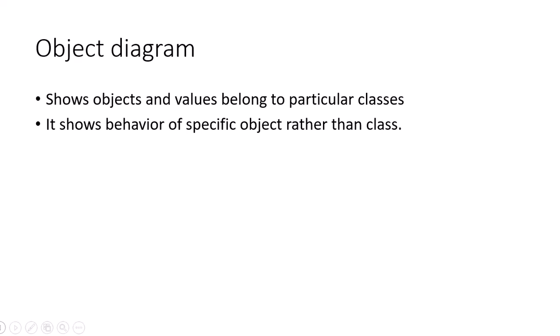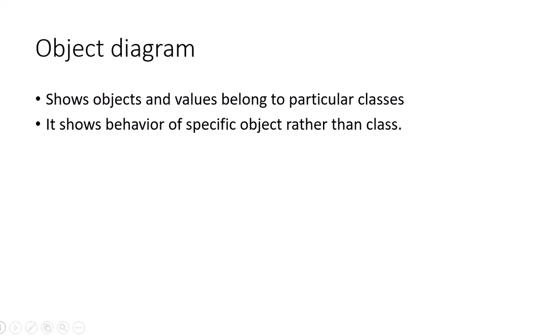The second difference is that here we write the specific attributes, while in a class diagram we write the generic attribute names that are applicable for all the objects, like student ID, student name, student address, student contact, student blood group, which are attributes for all the objects created for the student class.